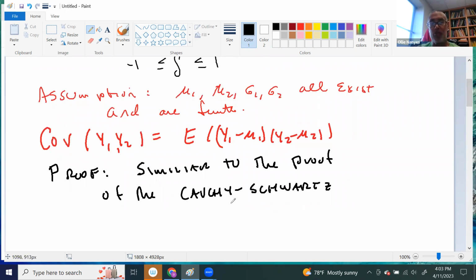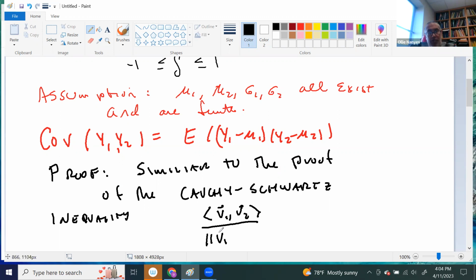Basically, that says that if you take the inner product of vector v1 and vector v2, and you divide that by the norm of v1 times the norm of v2, what you get will always be between 1 and -1, assuming that v1 and v2 are not the zero vector.